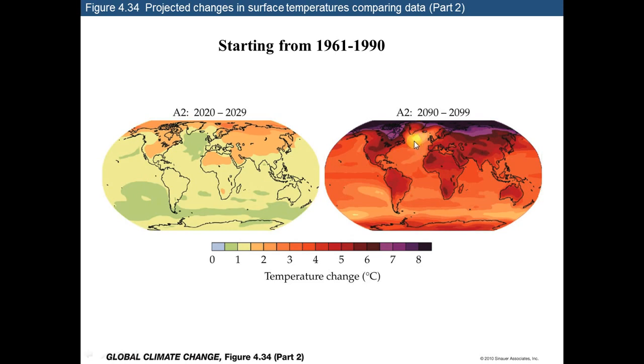Here, just south of Greenland over the northern Atlantic, temperature increases 1 to 1.5 Celsius. We're studying why that region is less than any other part of the world, but it's still an increase.